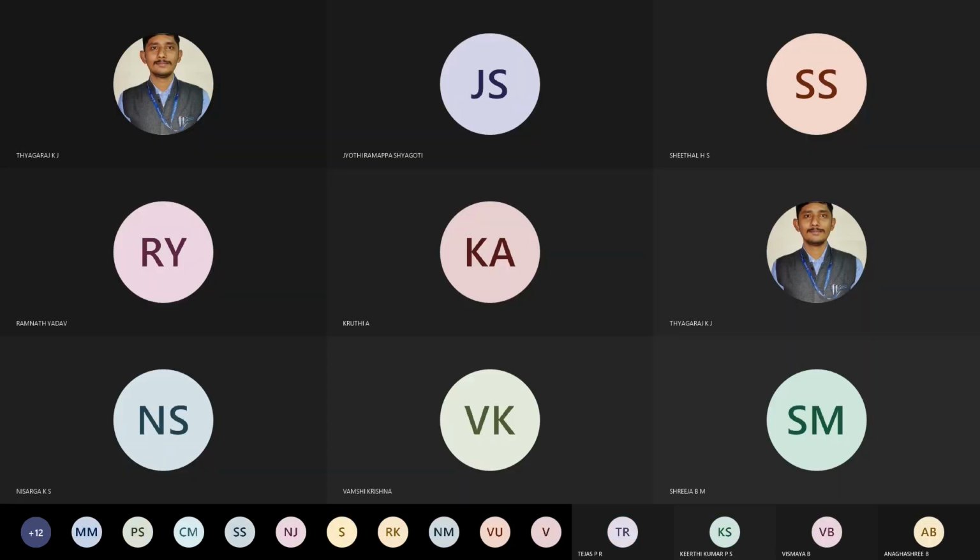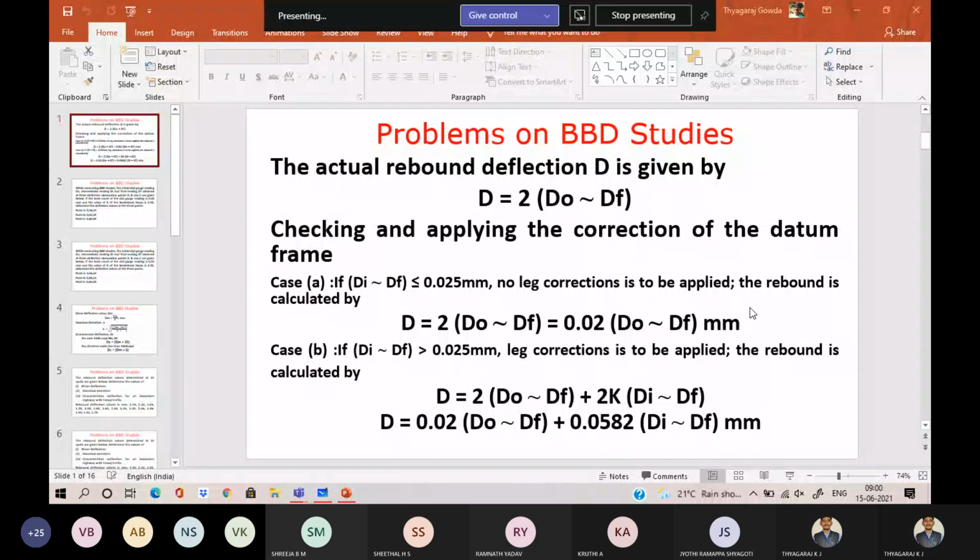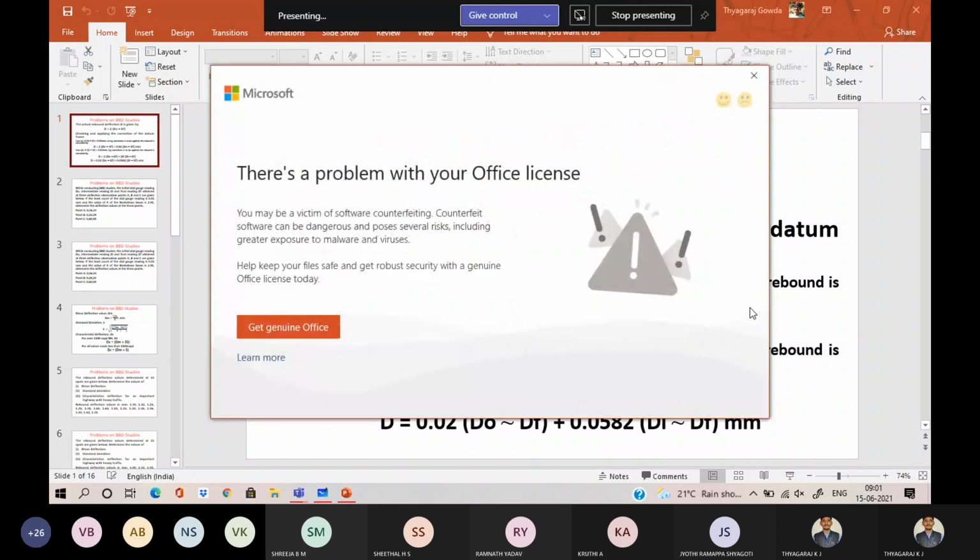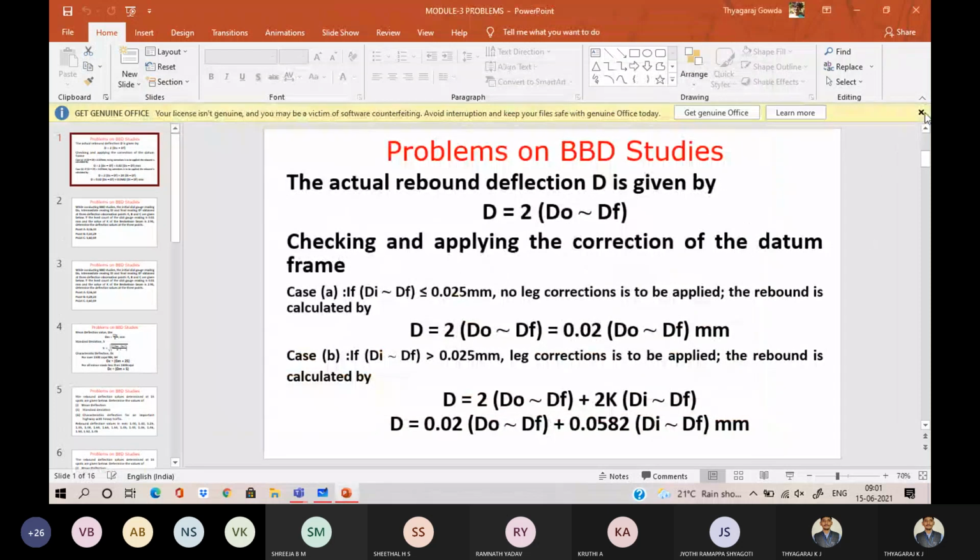So today we will be seeing the problems on Benkelman beam deflection studies. Till now we have discussed the theory portion. Today we will be looking into the problems on BBD.